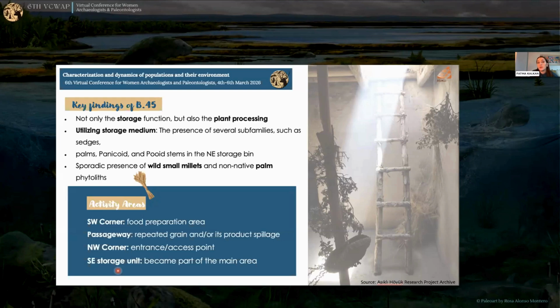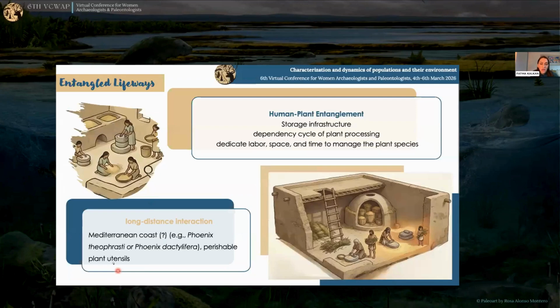Palm phytoliths further indicate the use of non-local plant materials, pointing to long-distance perishable resource networks. Building 45 highlights human-plant entanglement at Aşıklı Höyük.